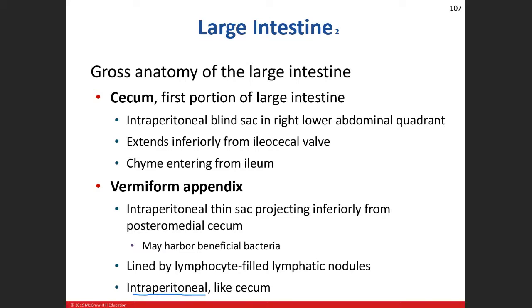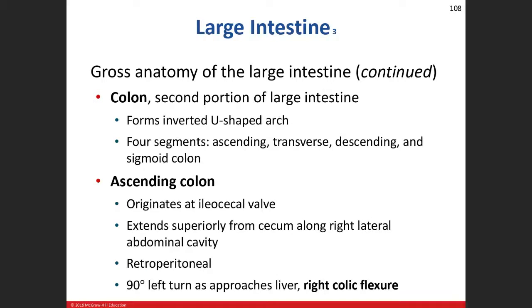Meaning the cecum and the vermiform appendix are both intraperitoneal. The next part of our large intestine is the ascending colon. That's going to ascend on the right side up towards the liver. So that part is going to be retroperitoneal.